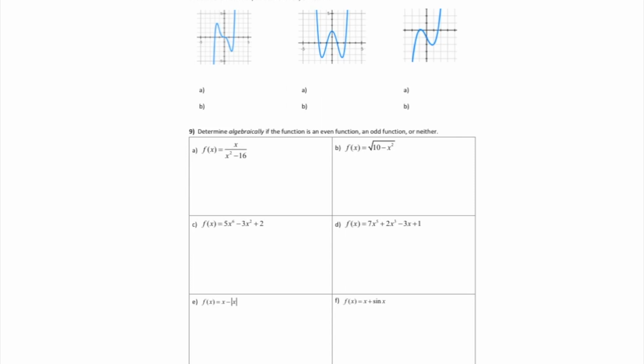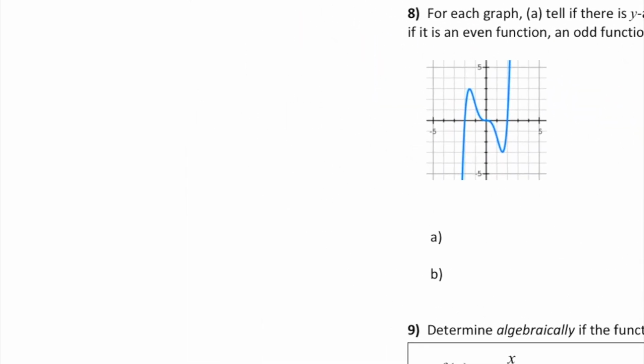Now for this next page, you're wanting to look at the even or odd functions, and we'll start with the graphs and then get into algebraically proving things.